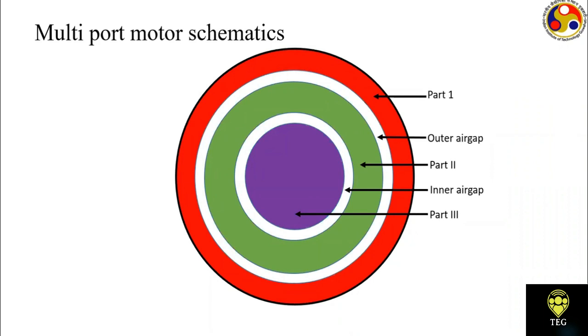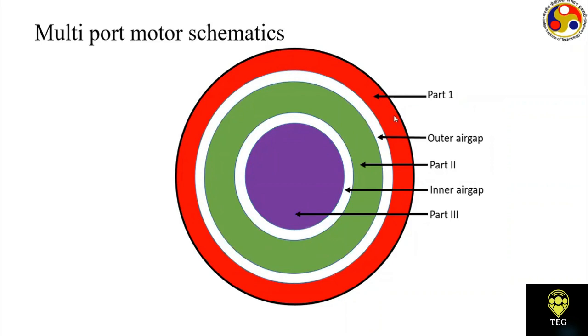Okay, so when I look for a multi-port motor, then it has 3 bodies, the 3 colors that you see. So here for example I have shown part 1 is red in color, then we have the outer air gap, the white part is air, then I have part 2 which is in green, then there is a white ring which is the inner air gap, and then there's part 3 in purple color.